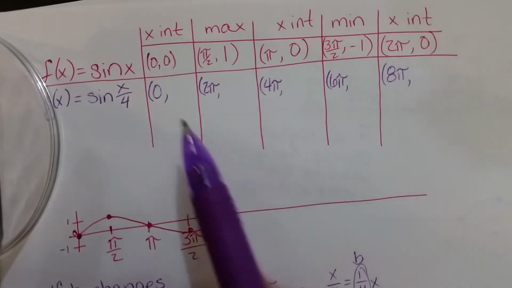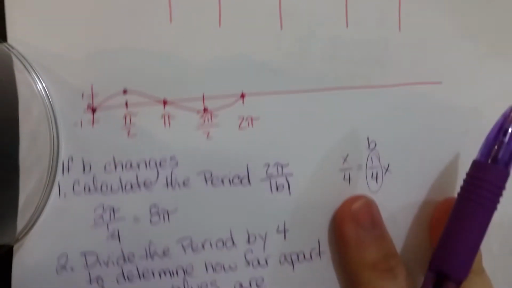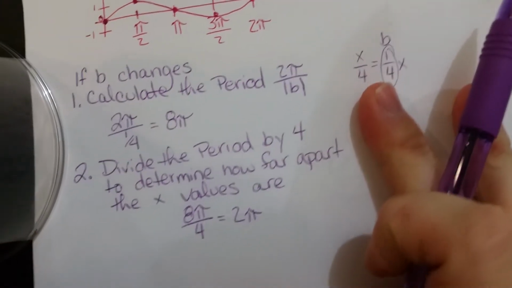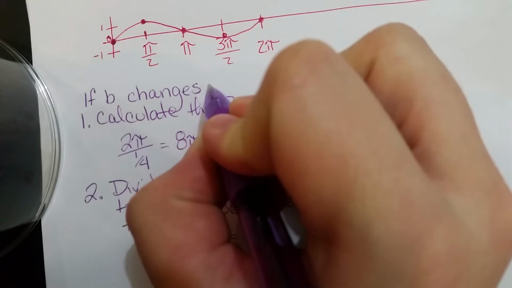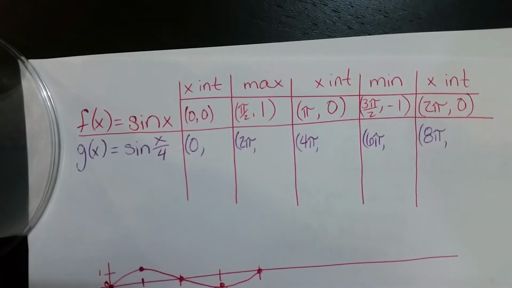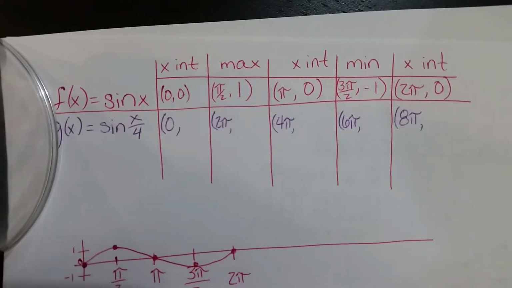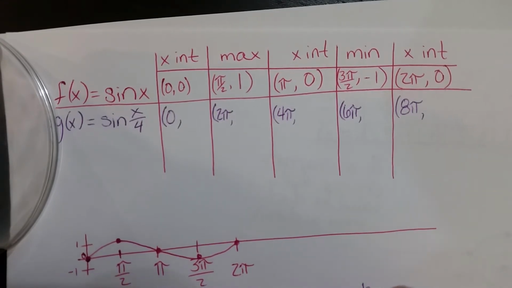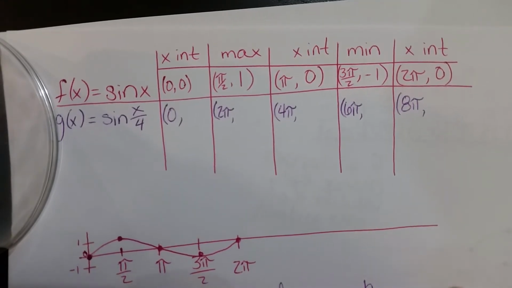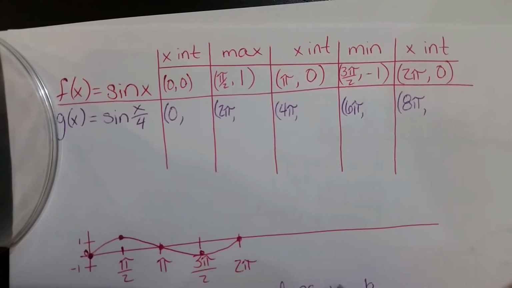So basically, when the value of b changes, the x values will change.